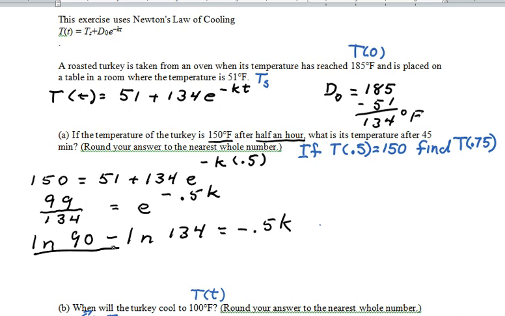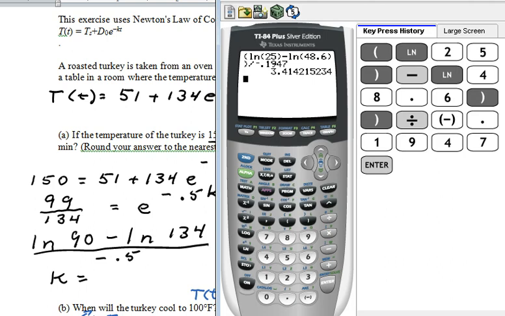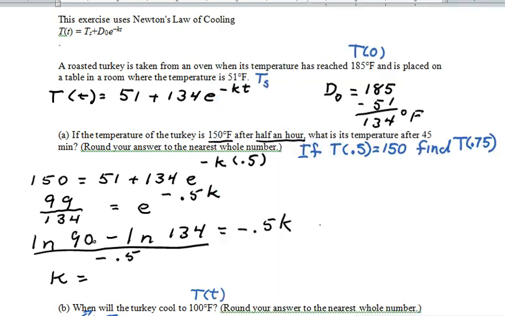We divide by the negative 0.5 to find our k. So using the calculator, we're going to be able to find our k. So it should be 99. I had written 90 here. So 99.